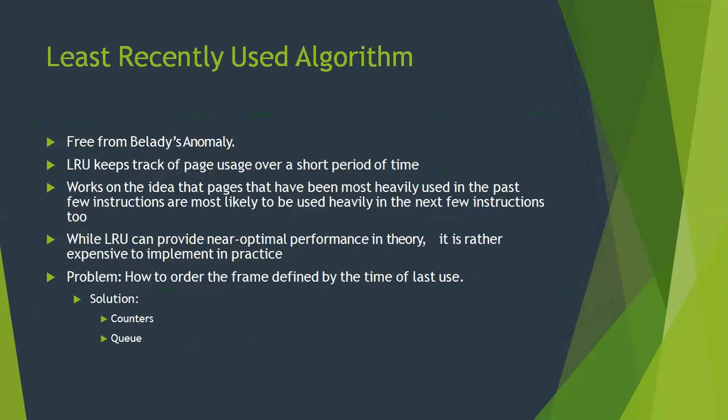The least recently used algorithm keeps track of page usage over a short period of time, and it works on the idea that pages that have been most heavily used in the past few instructions are most likely to be used heavily in the next few instructions too. While LRU can provide near optimal performance in theory, it is rather expensive to implement in practice compared to FIFO, which is first in, first out.